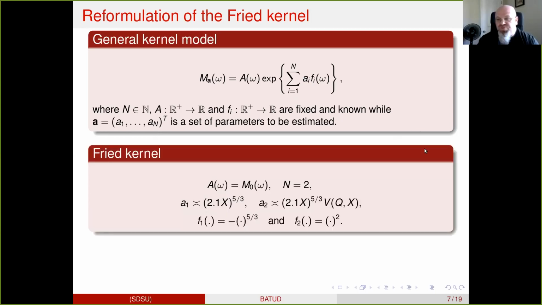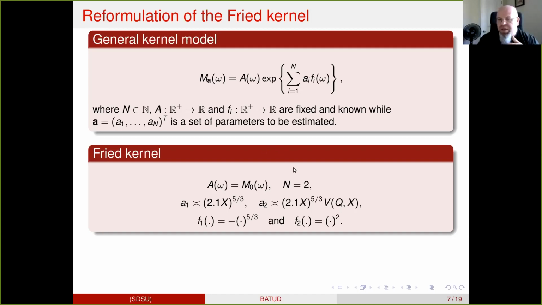Just to illustrate that we actually get back the Fried kernel: think that A of omega is my original M0 of omega, the part of the kernel without turbulence. N equals 2, meaning I have a sum of two terms, where a1 will play the role of 2.1x to the 5/3, and a2 will play the role of this quantity here.